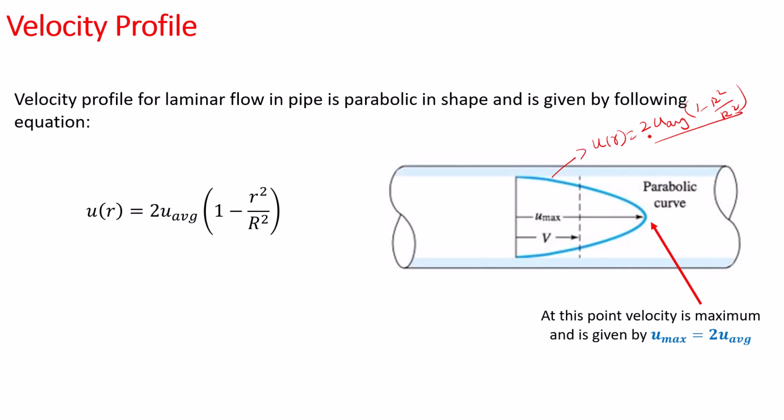This one also we will derive, and we will also see that U maximum is at the center and its value is two times the U average. We don't put the value of U maximum here because we don't have an idea about U maximum, but we do have the U average that we put at the inlet. That's why we write the formula this way.